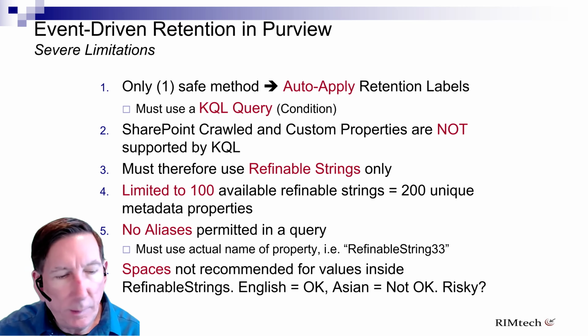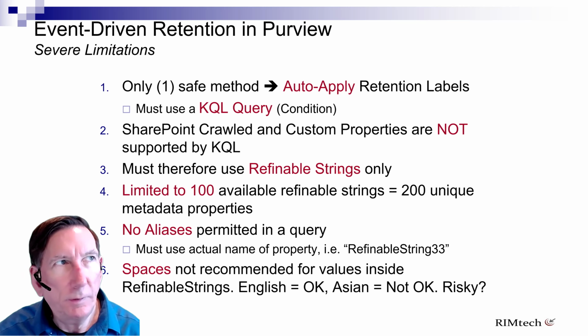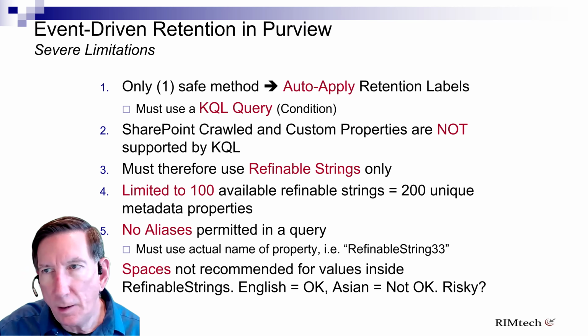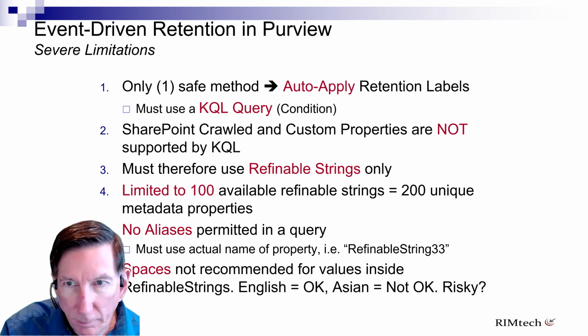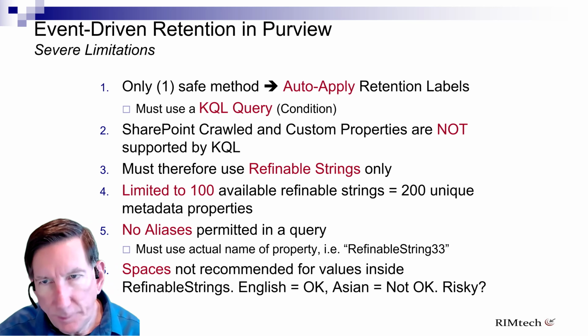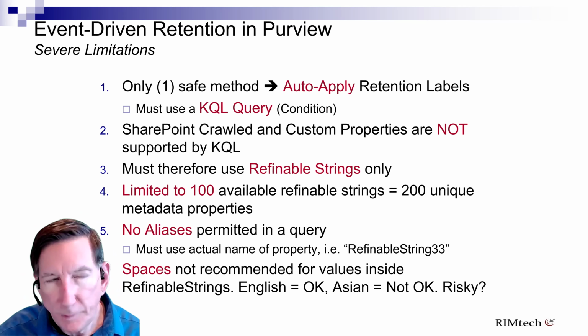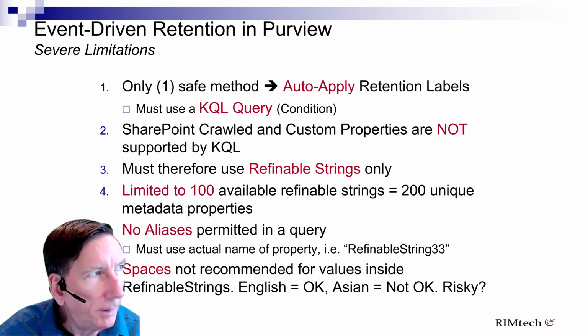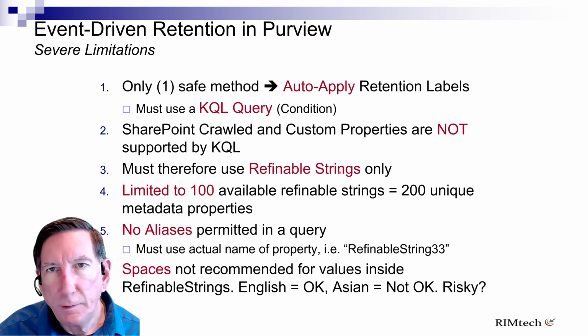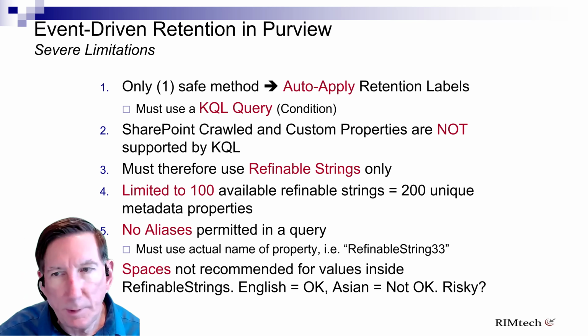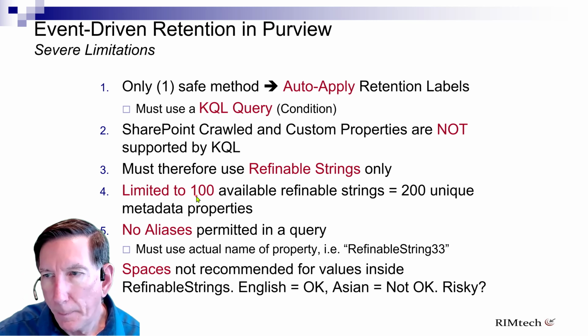And a refinable string is a substitution for a column in an auto-apply rule. You'll need lots of them, but there's only 100. That's it. There's only 100, then you've used them up. So that's a severe internal limitation. We'll talk about how to get around that later, okay?